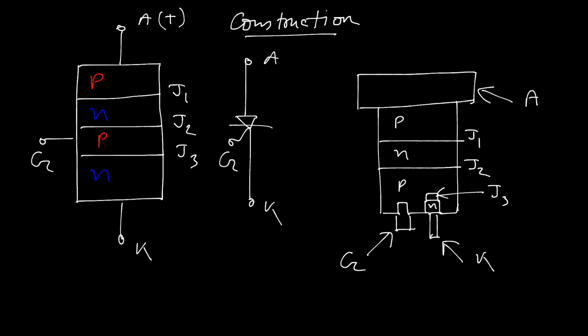So from this structure we can say the cathode is located near the gate terminal and the cathode is connected to bottommost N region, this one, which must be highly doped with respect to other layers, and the anode will have more space and which is normally constructed by aluminum path. That is why it can provide low impedance.